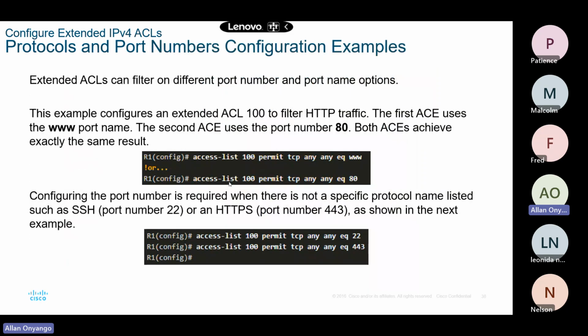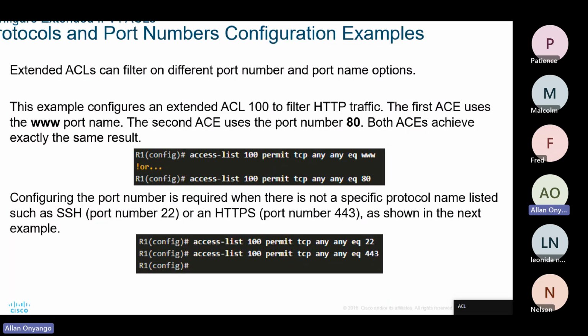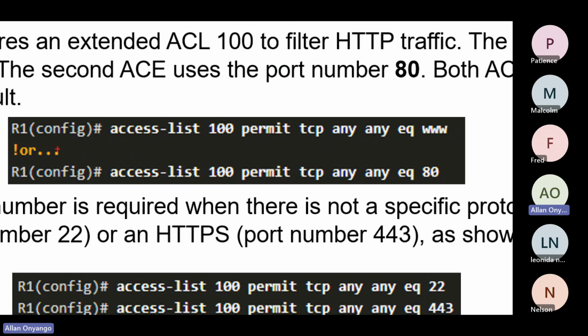So let's look at an example of how to configure an extended ACL using numbers. This is an example of how to configure an extended ACL. You'll need to say access-list 100 permit.